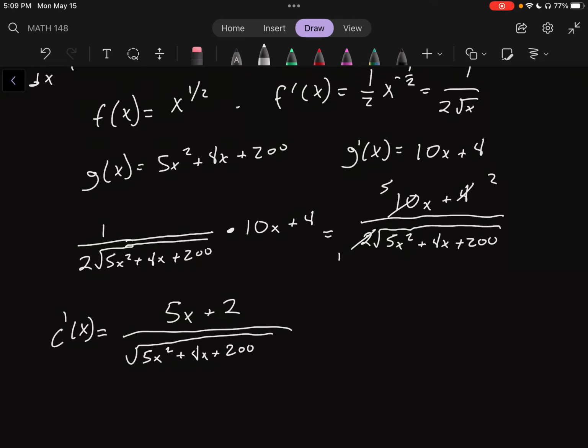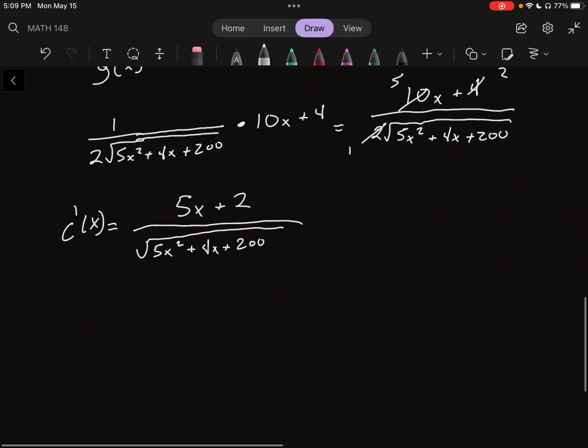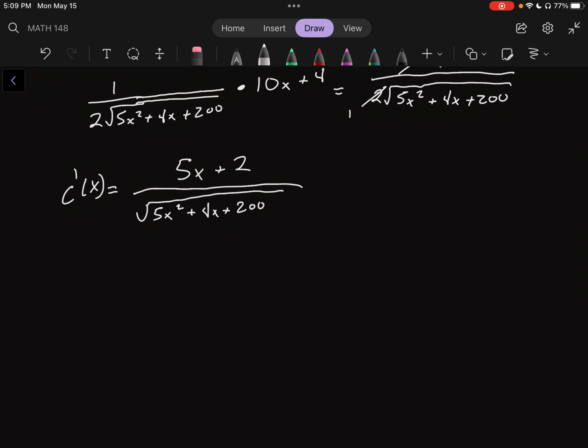Okay. So now that we know this, the third part of the question asks us to find and interpret C prime of 200. Now, I'm going to take this into Desmos, and let's find C prime of 200 right now.